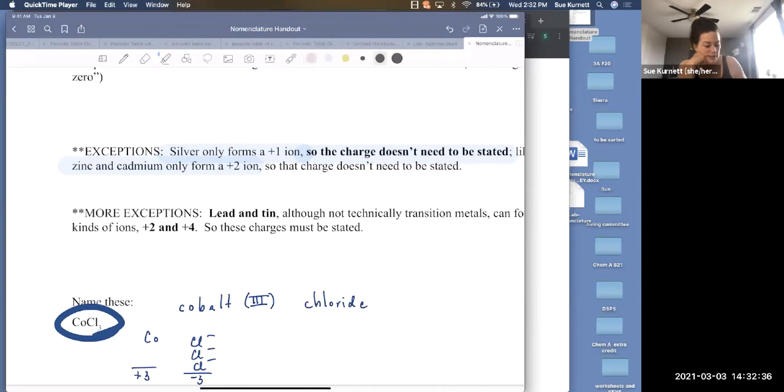And the 3 here is representing the charge on the cobalt ion, which is +3. Cobalt 3 chloride. If I just said cobalt chloride, it wouldn't be clear because cobalt has 2 choices, +2 and +3.